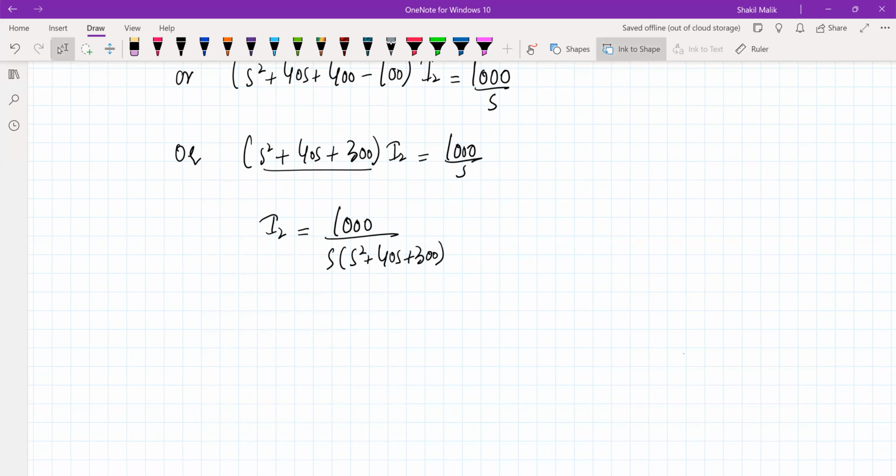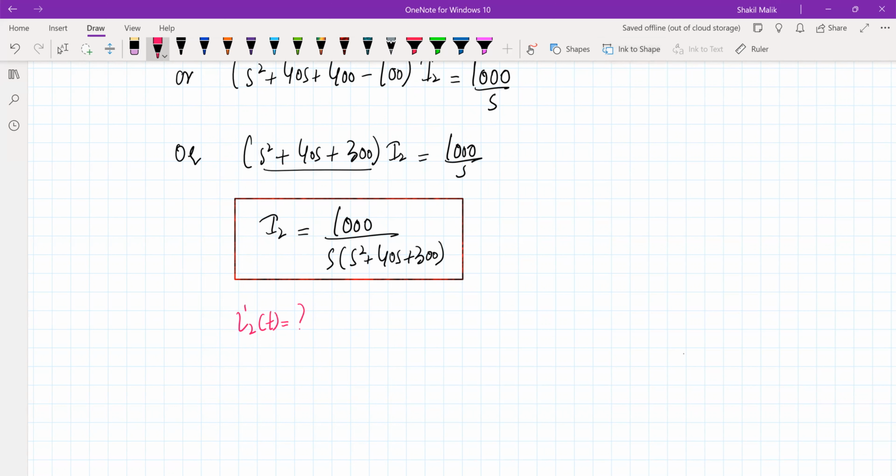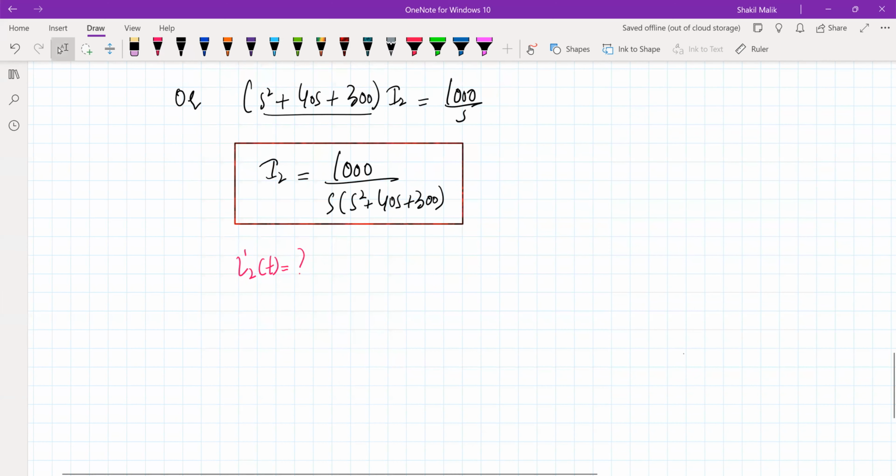So this is our I2, a function of s, but our goal is to find I2 of t. So how do we find I2 of t? By taking the inverse Laplace transform. Now, if you remember the inverse Laplace transform of this term, we know 1 by s plus a or minus a.